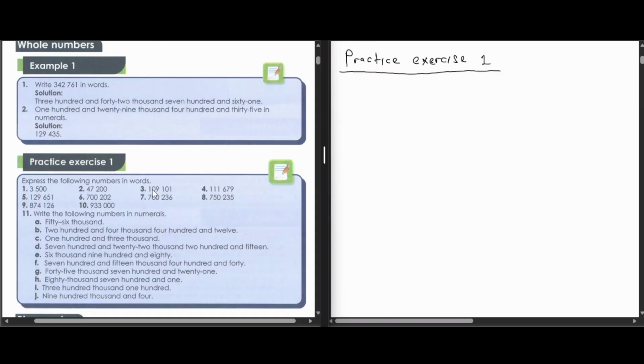Let us start. Express the following numbers in words. Saka tine 10 manamba atoda kuexpressa in words. It's going to be a long exercise, but we have to do it. Saka number 1 yakati 3,500 in words tinongoinyora it's 3,500.